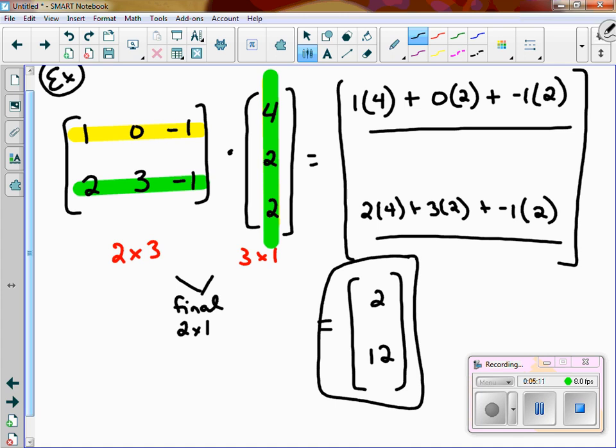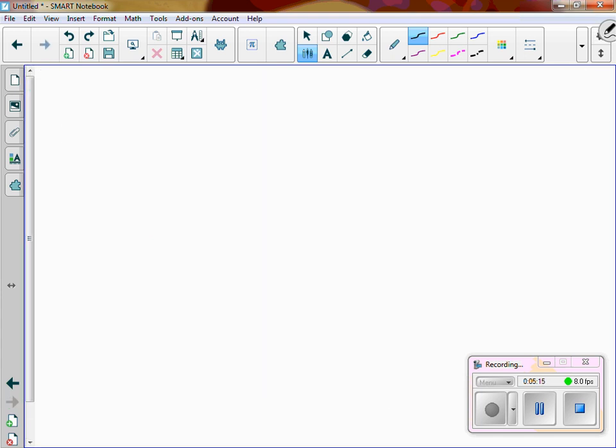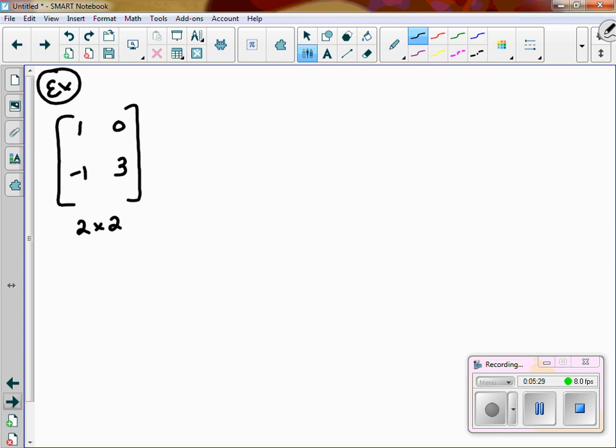So we'll do another one of these. We'll make it a little bit more challenging. Notice I'm also making this a little bit smaller so I've got more room. So we've got a 2 by 2, and we're going to go with a 2 by 3.